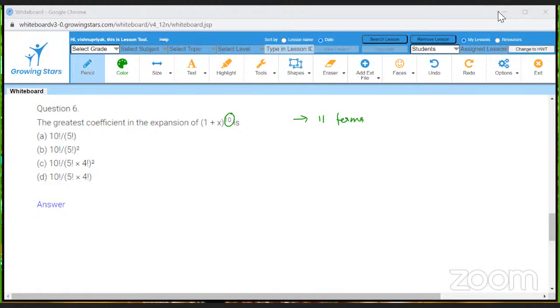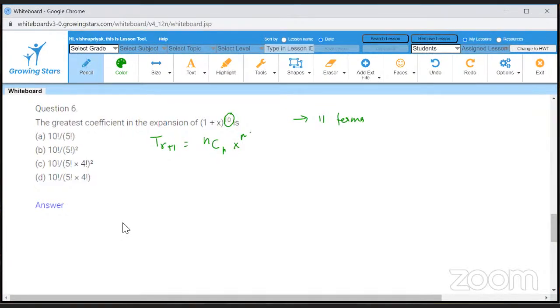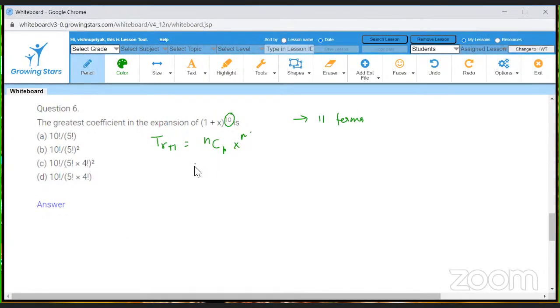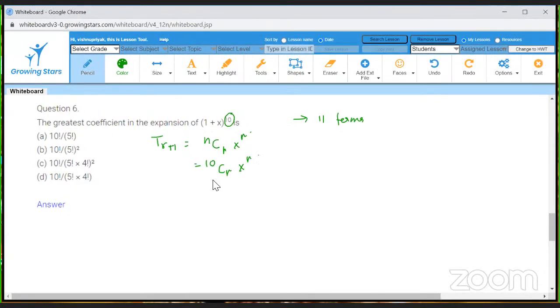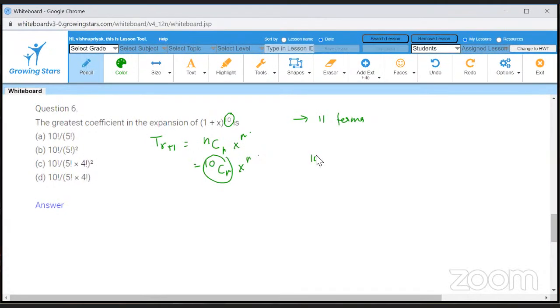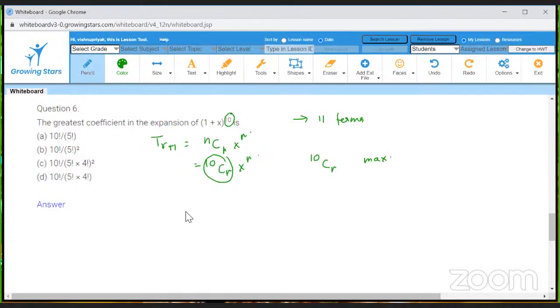If you take any term in the expansion, nCr x power r, n we know is 10, so 10Cr x power r. So greatest coefficient means 10Cr should be maximum. When will 10Cr be maximum? When it is 10C5, because that is the middle one.